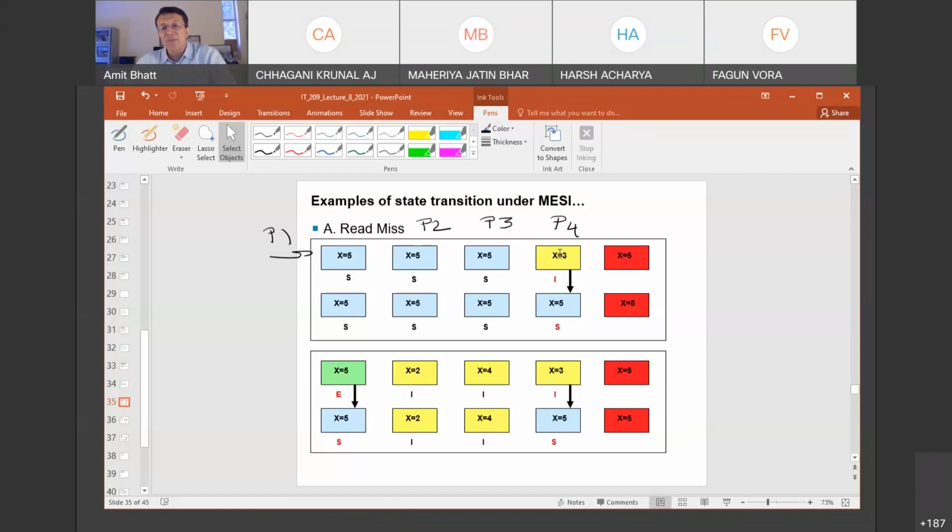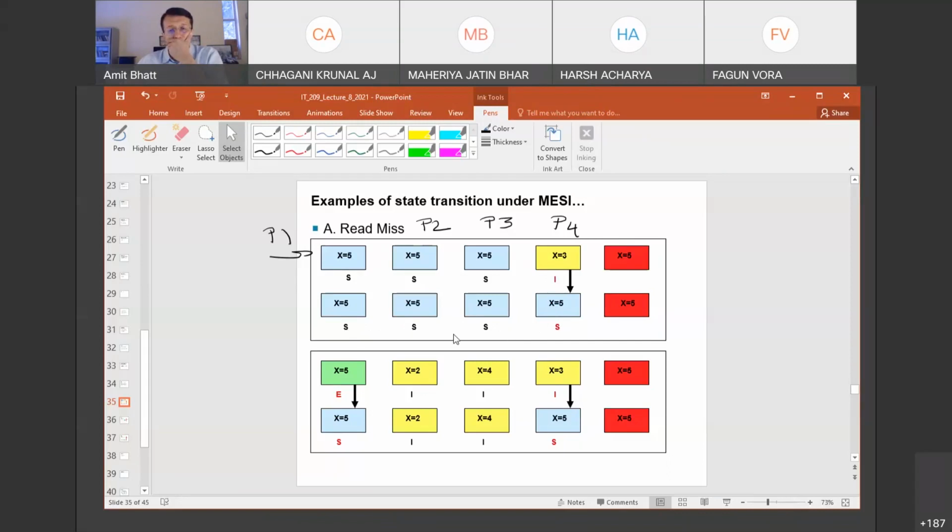Only this one is invalid because it has the old value. So the protocol is to copy this value from main memory into the cache of P4. Now its flag will change from invalid to shared because now all 4 processors are sharing that value.